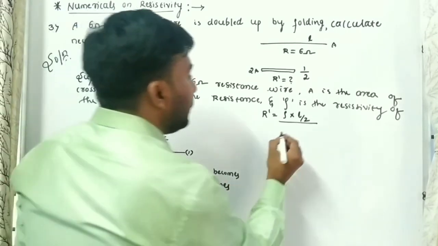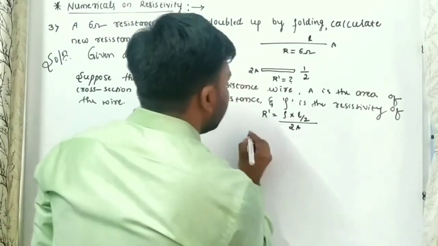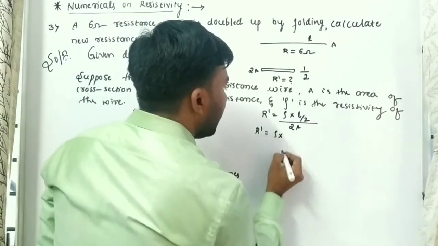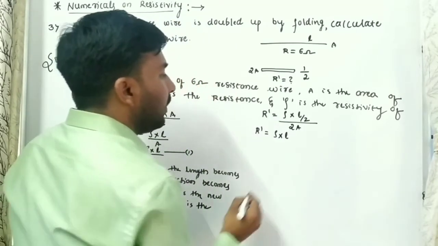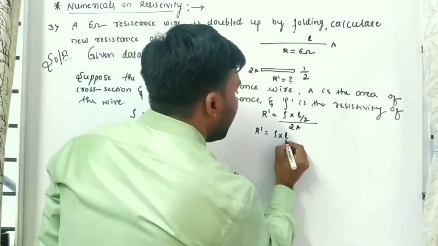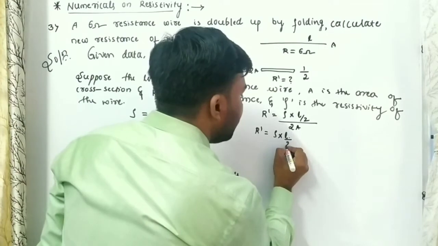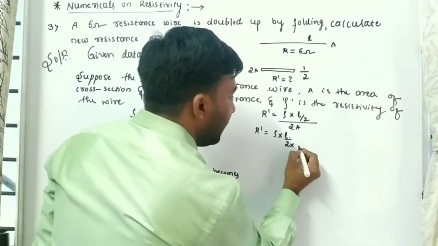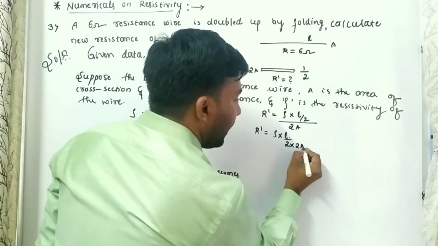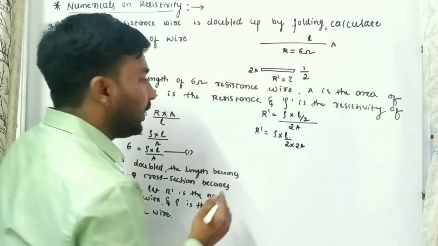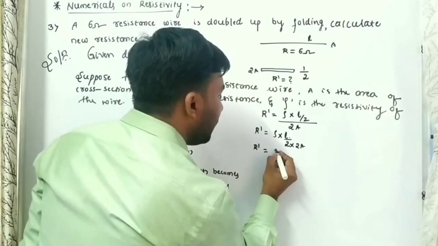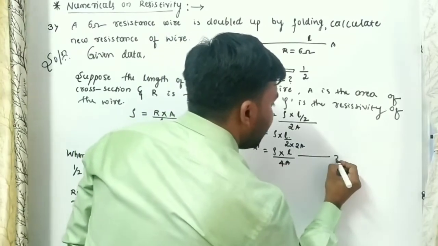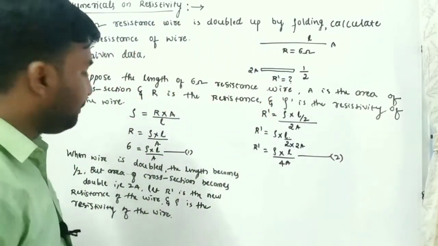Area is 2A. So this is equal to R dash as it is, rho into L divided by 2. Now you take this 2A into the numerator, it will be 2A by 1, so no need to write 1. Therefore R dash is equal to rho into L divided by 4A. Call this equation 2.